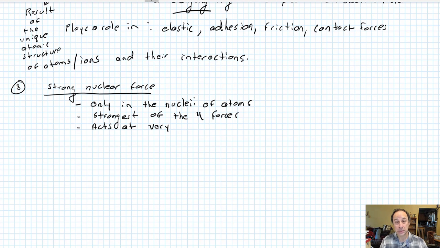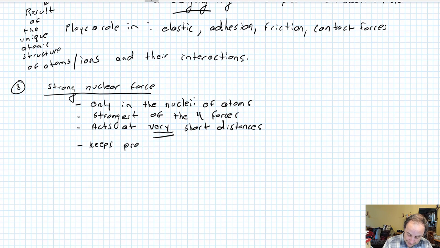We're talking fractions of an atomic diameter. Its power drops off dramatically with distance. And it keeps protons of the nucleus together.